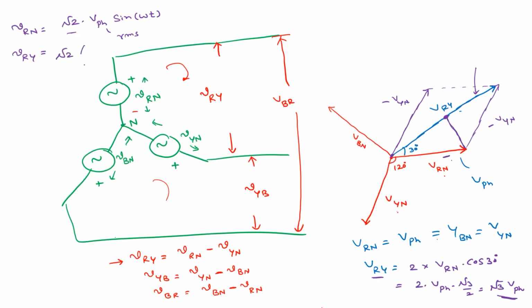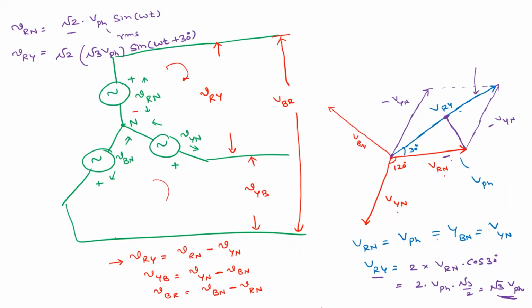Root 2 into what is this magnitude here? Root 3 into V phase, right? So its magnitude is root 3 into V phase sine omega t. How much angle is it advanced? Plus 30 degrees. So this is about VRY.